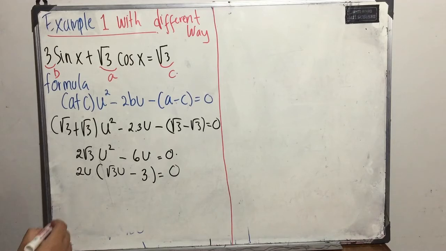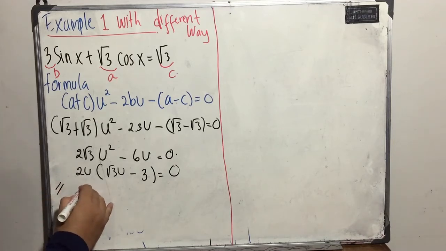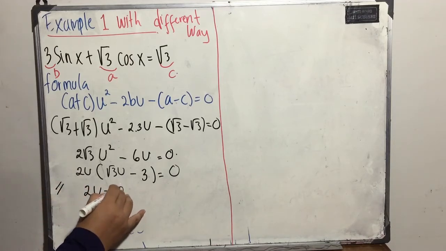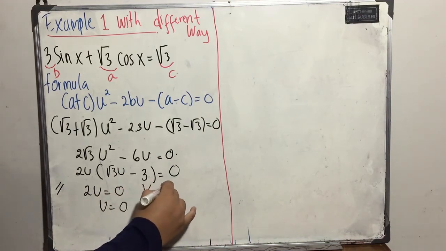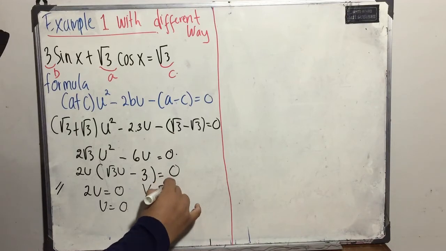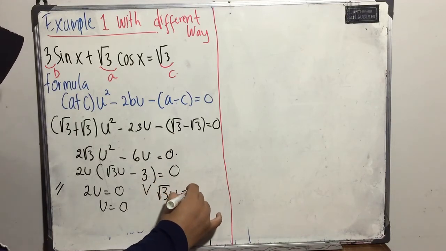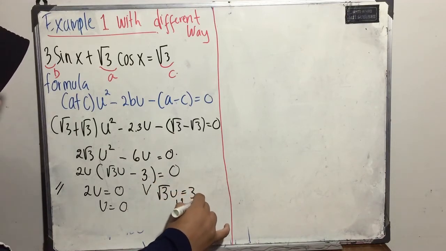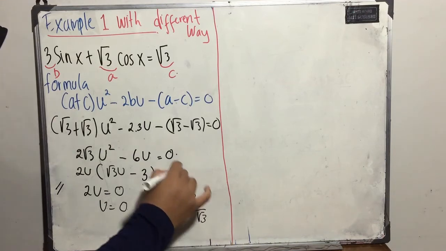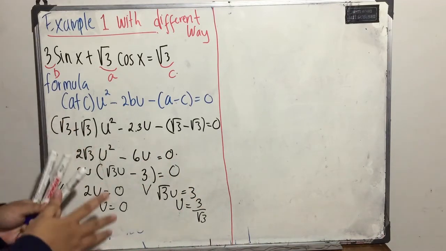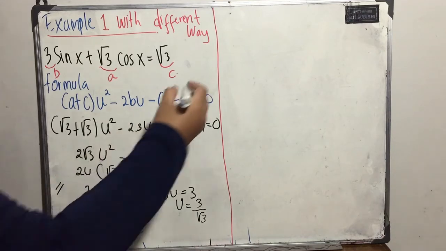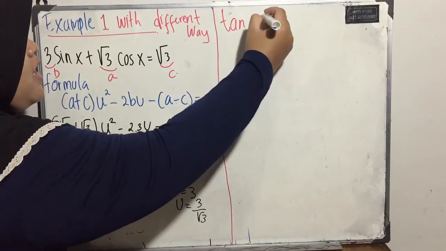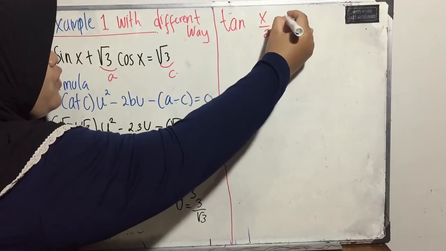Okay, so from here, 2u equals 0, so u equals 0, or square root of 3 u equals 3, so u equals 3 over square root of 3. Okay, from here we can continue, and we already know that tangent x over 2 is u, everyone.